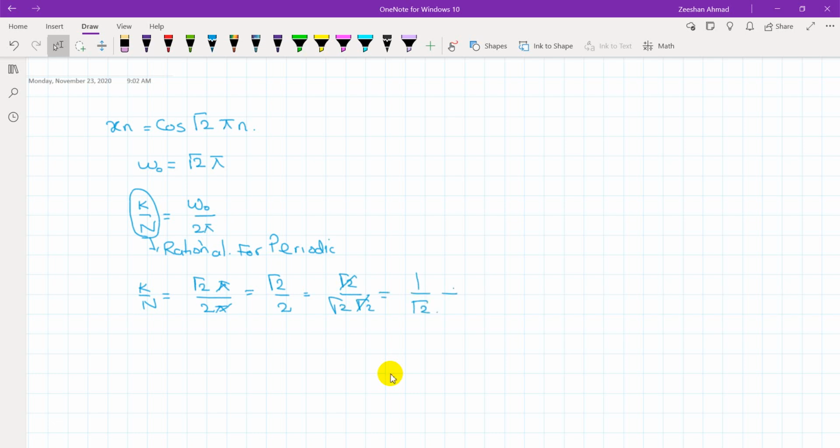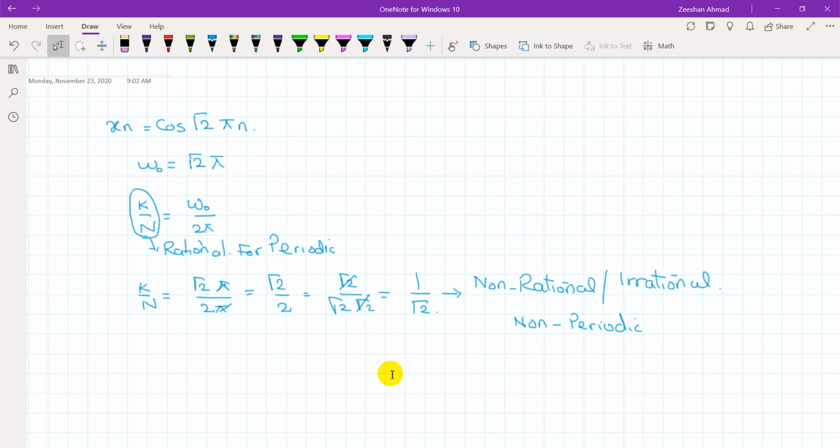So this is obviously non-rational, an irrational number. If it is an irrational number, then we can say this is a non-periodic sequence.